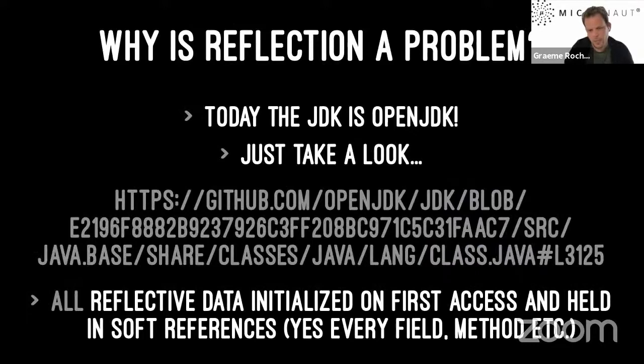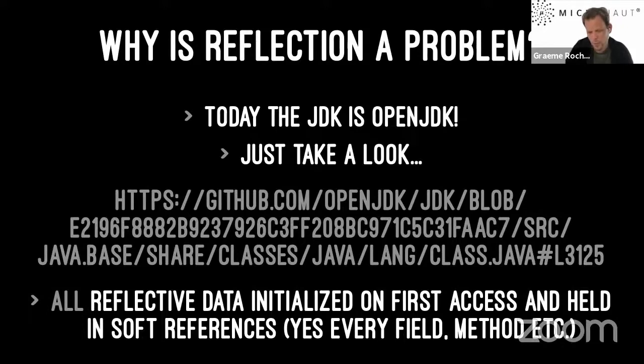And reflection itself can be a problem on larger applications, because the way reflection works in Java is that it will load all of the fields, methods, constructors, etc., into a reflective metadata cache. In fact, you can take a look at the OpenJDK source code and see how this works.